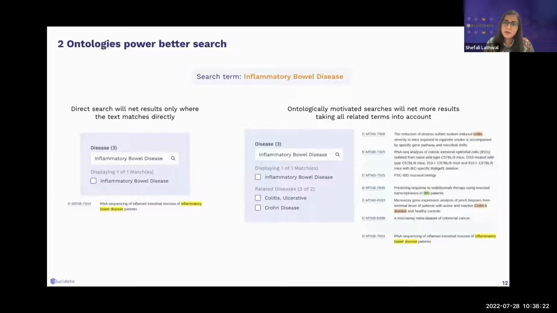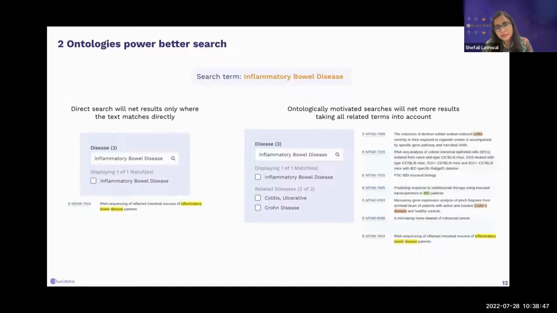On the other hand, if we have used natural language processing to identify all the instances and variations of this term, inflammatory bowel disease, and then we've used ontologies to tag the data, then we get results that contain both inflammatory bowel disease and IBD, as well as all the other variations of this particular term.